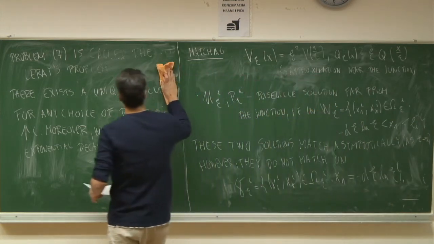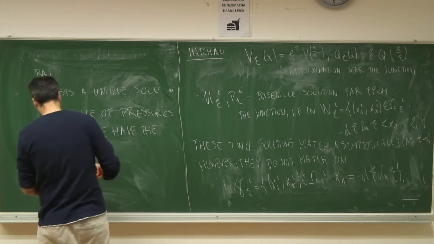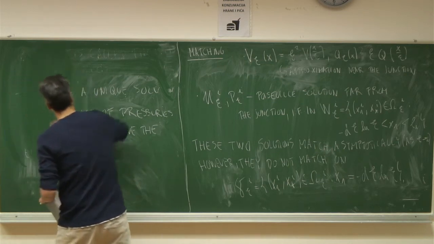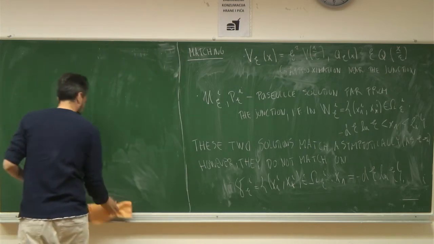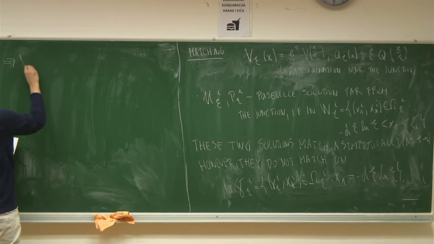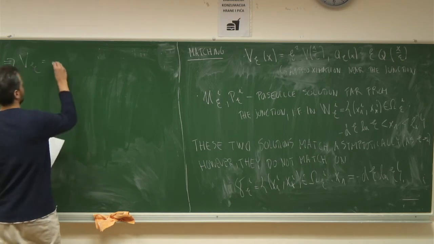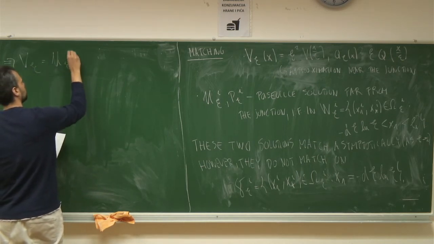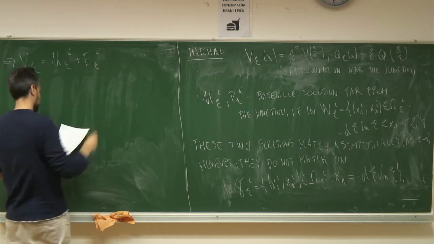Okay, so what do you do with this? We can write in this form. So v epsilon we can write as u epsilon I plus some e epsilon I, which will be small enough.